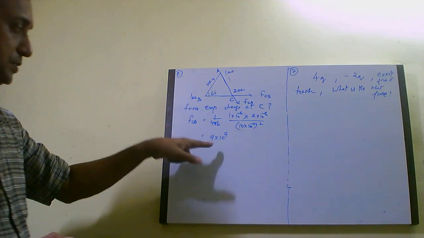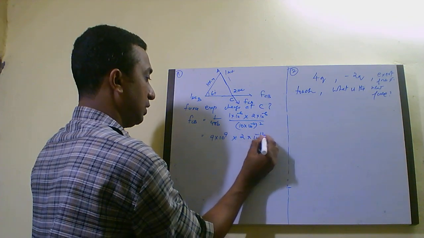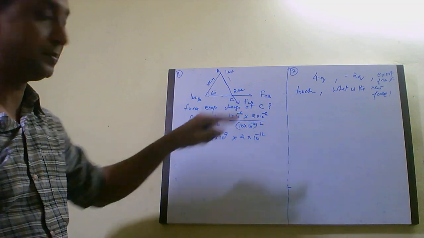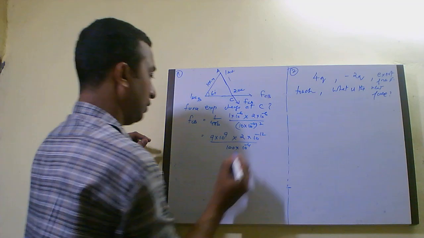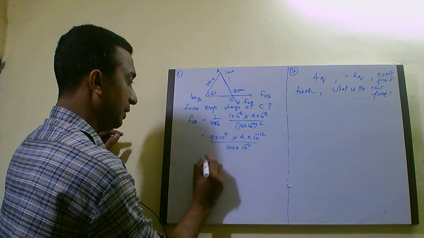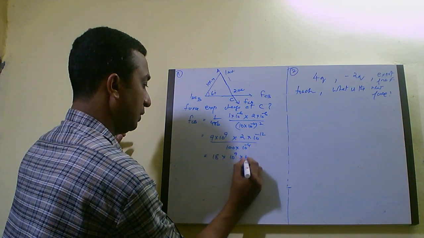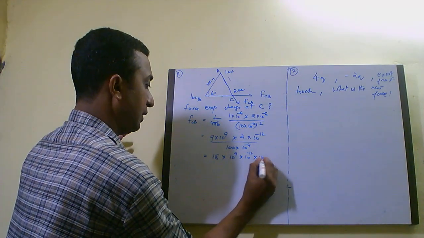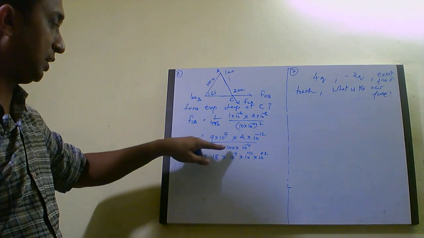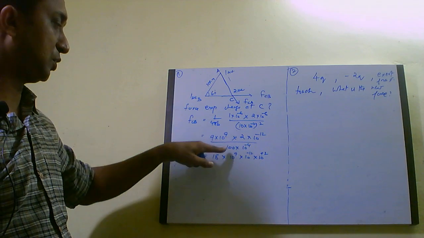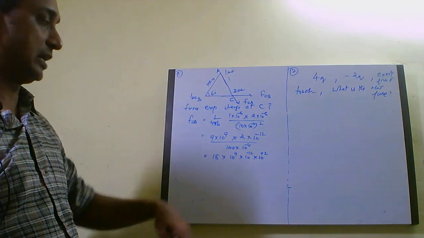So directly you can substitute 9 into 10 raised to 9 multiplied by 2 into 10 raised to minus 12, because the powers will always get added up, divided by 100 times 10 raised to minus 4. So it will be 18 into 10 raised to 9 into 10 raised to minus 12 into 10 raised to plus 2, because in 100 times 10 raised to minus 4 the 100 is 10 raised to 2, so it will be 10 raised to minus 2, and it will go to the numerator as 10 raised to plus 2.